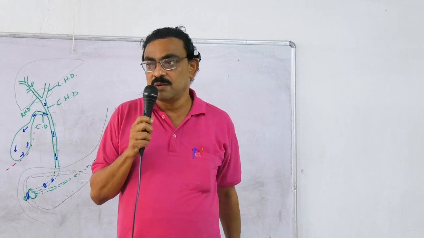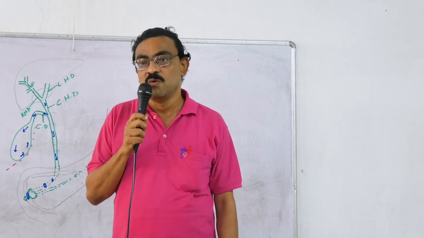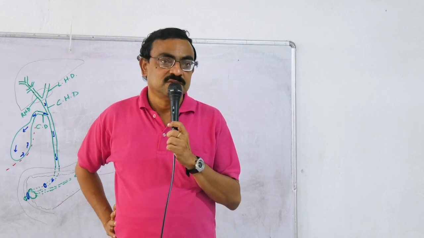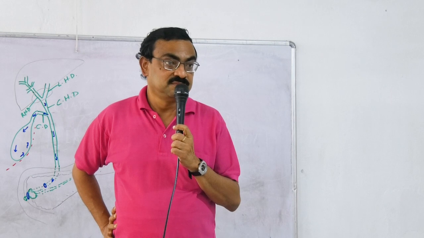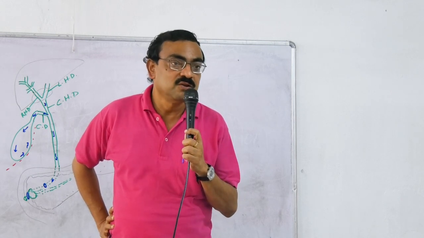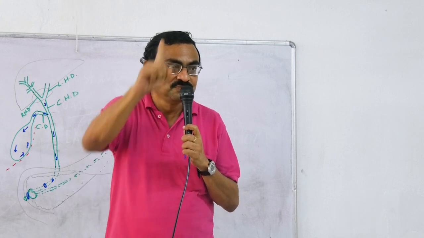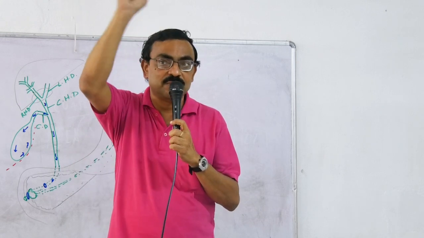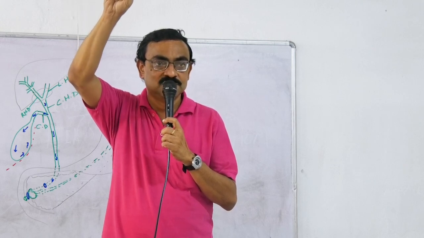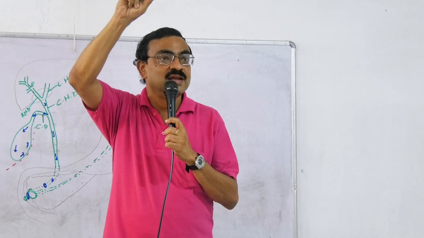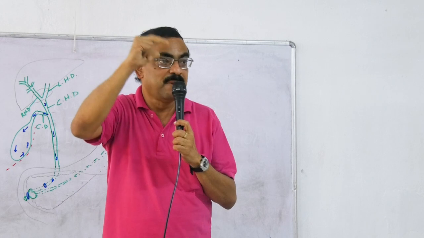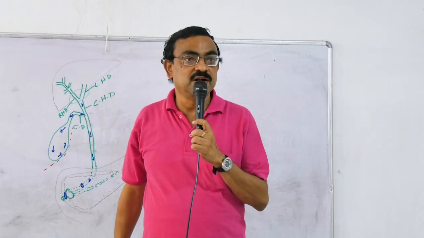When we cannot see the gallbladder in position, what might be the fact? Number one, it is not developed at all. Number two, it is developed, but it remains buried inside the liver tissue.